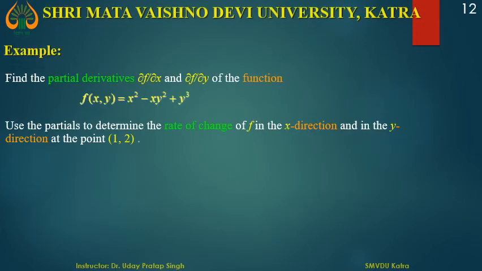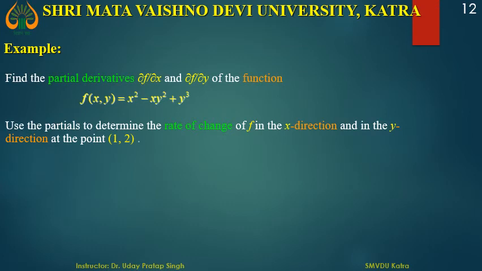Now, what are the partial derivatives dou f by dou x and dou f by dou y of a simple function f of xy? We use partial derivatives to determine the rate of change of f in the x direction and in the y direction, at the point 1, 2. Dou f by dou x is nothing but the derivative treating y as a constant.